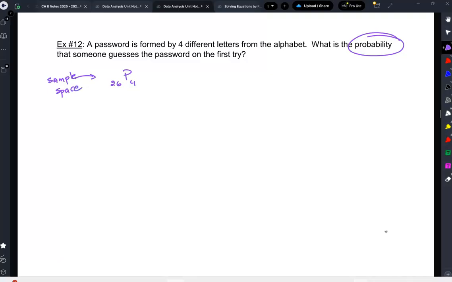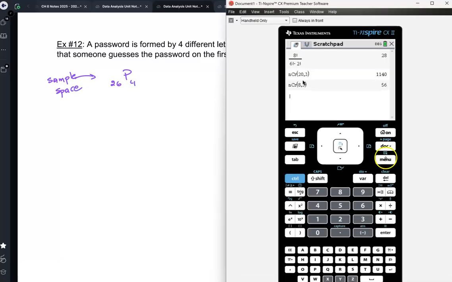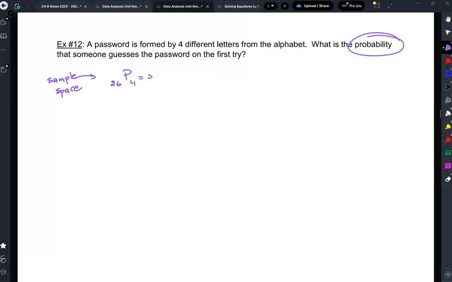But this time, when I do menu probability, I want to choose number 2 for permutation. And then the syntax is the same, 26, 4. It's 358,800.